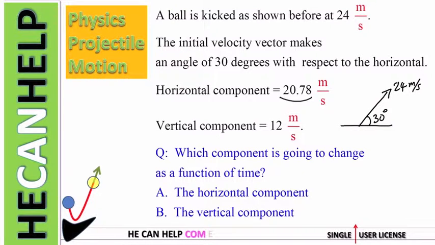Horizontal component then becomes 20.78 meters per second. Vertical component then becomes 12 meters per second. So here is the question. Which component is going to change as a function of time? Is it the horizontal component, or is it the vertical component? Is it A or is it B?